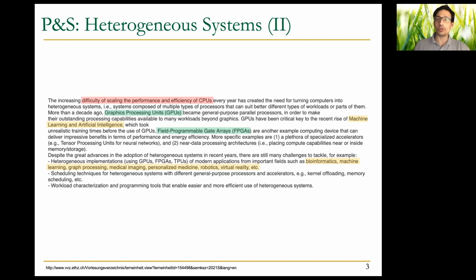And they are not the only heterogeneous devices that we are going to talk about in this P&S.